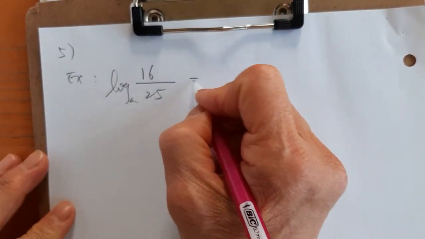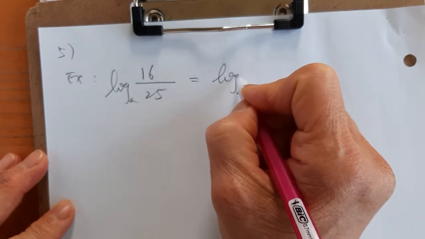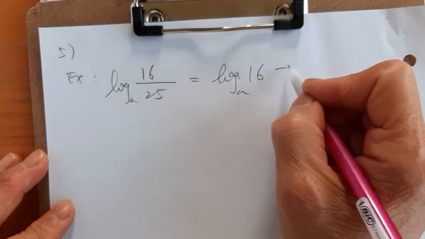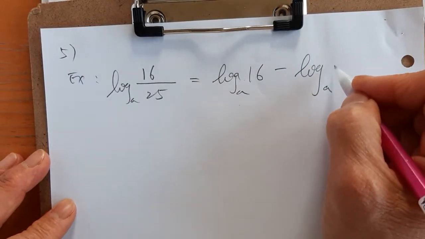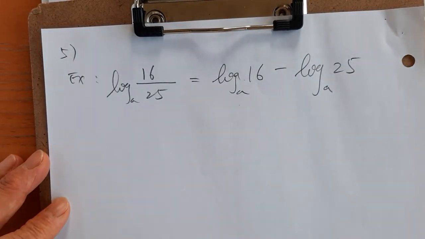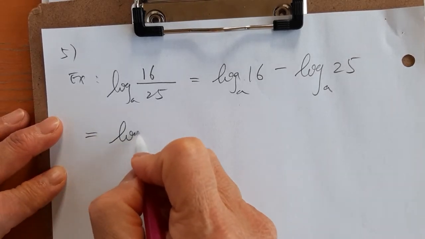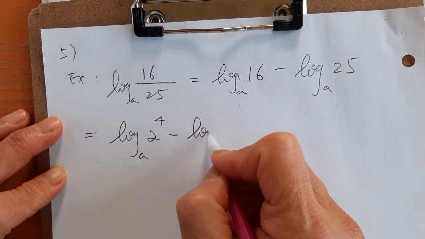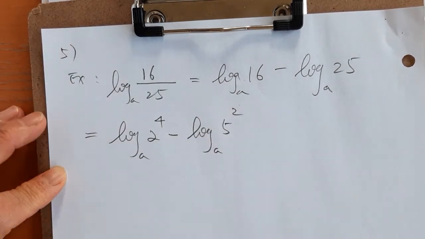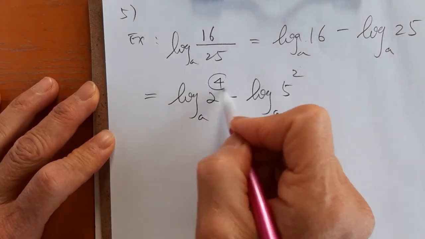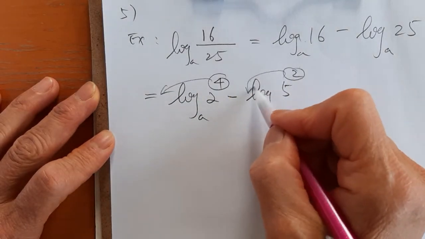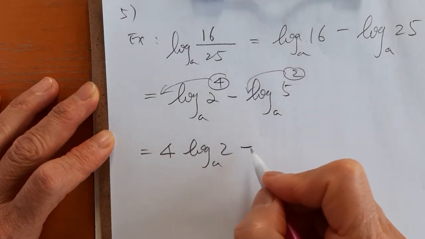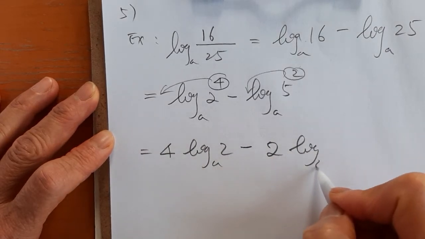You can use the quotient rule. When you divide, it becomes subtraction: log 16 minus log 25. Then 16 is 2 to the power 4, and 25 is 5 squared. Then use the power rule: the 4 comes down, the 2 comes down. So you get 4 times log 2 minus 2 times log 5.